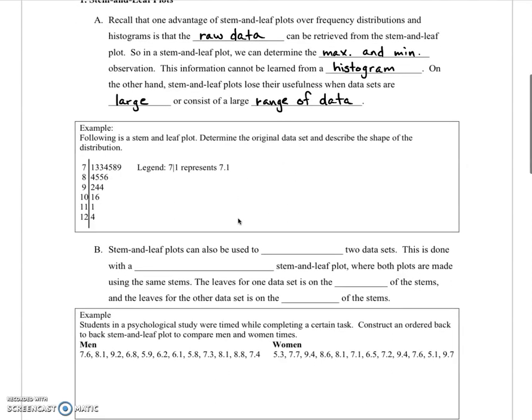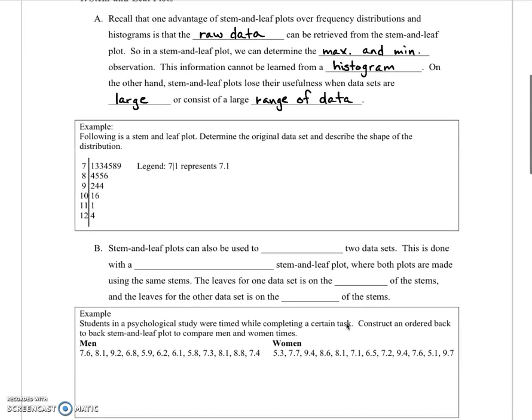So remember, here's another stem and leaf plot. And this time they want us to determine the original data set and describe the shape of the distribution. So our legend says that 7 for the stem and 1 for the leaf represents 7.1.